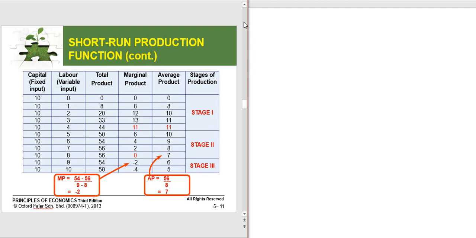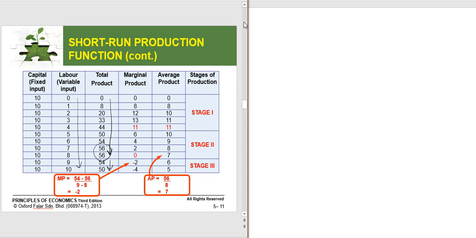You can see here, the higher the variable input, the higher the total production, and it will reach a maximum level. From that certain level, your total product will start to decrease. This is actually what we mean by the law of diminishing marginal return.